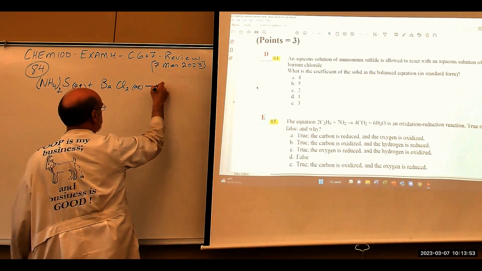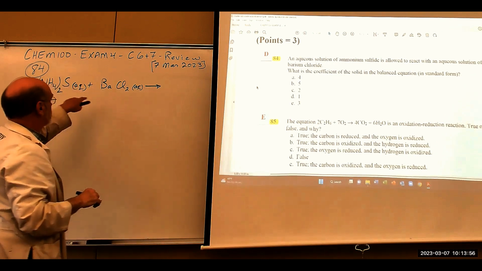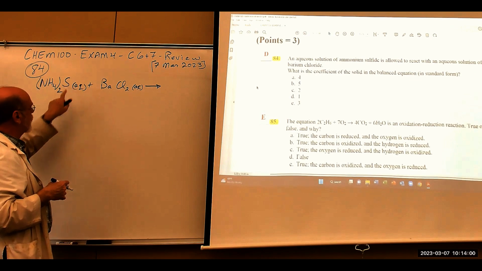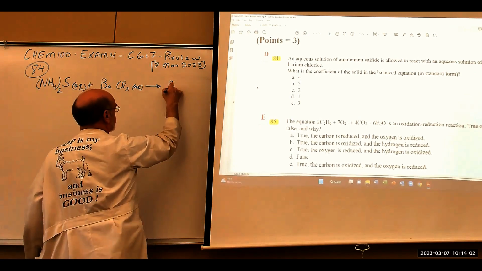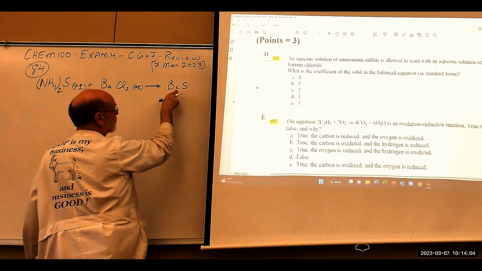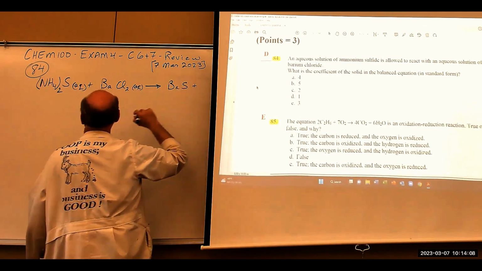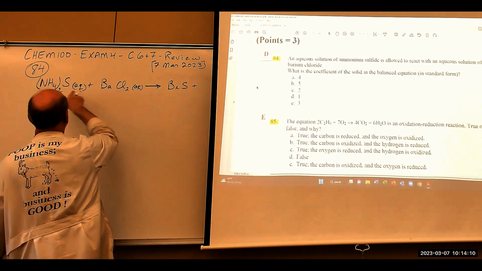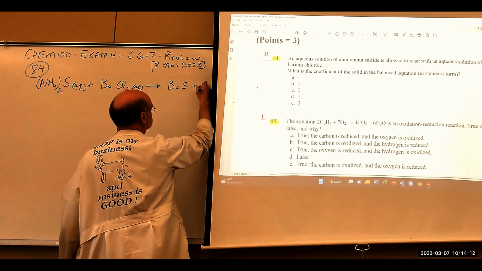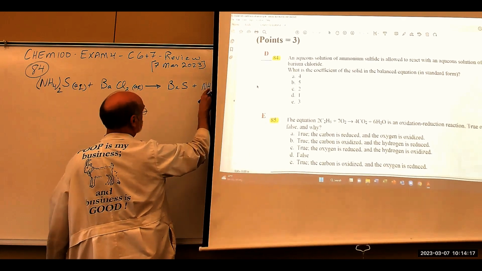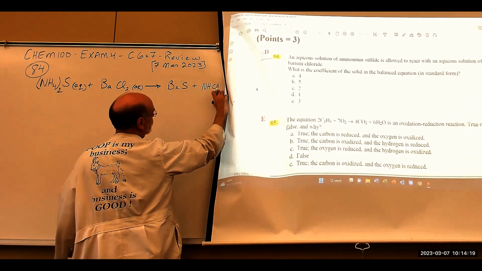All right, and what do we form? Well, this is a double replacement. You swap parts. Barium goes with sulfur. Barium, sulfur, that's 2+, 2-, and ammonium chloride, which is +1, -1.